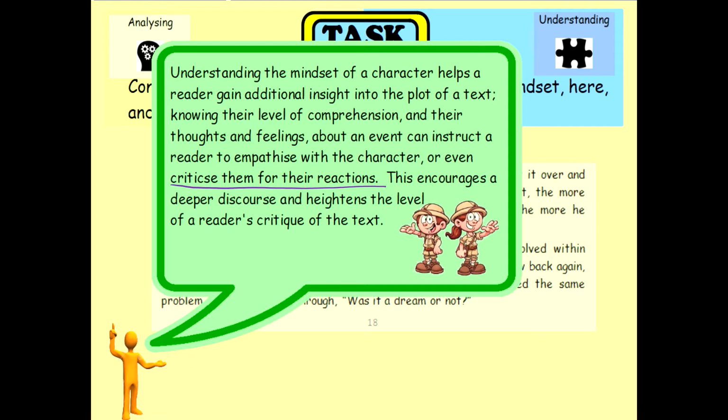But that's the point. In my book, you are supposed to criticise the main character, and you want to shake her and say, "What are you doing, you silly woman?" And here, we might be criticising Scrooge for some of his actions. Do we see the link? If we know more about their mindset, we could then say, "You silly man, what are you doing? You should be a nicer person."